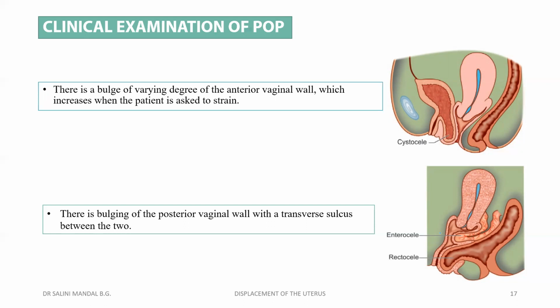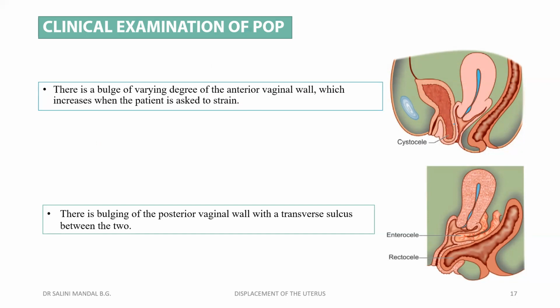Okay. Now, first one, let's see what will happen. There is a bulge. Remember, there is a bulge of varying degree of the anterior vaginal wall, which increases when the patient is asked to strain. In which condition can this be? It can be in the cystocele. So this picture is the cystocele. Okay. Here we had already mentioned that the herniation of the bladder will be taking place.